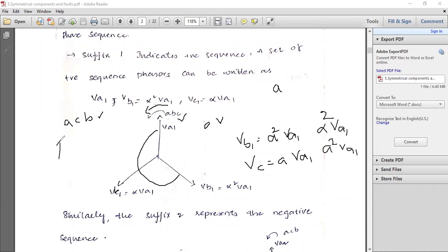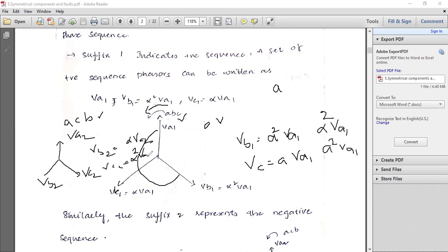So again, this is VA2, this is VC2, this is VB2. Now, if we are again considering VA2 as a reference, VB2 is equal to alpha VA2. Similarly, VC2 is equal to alpha square VA2.